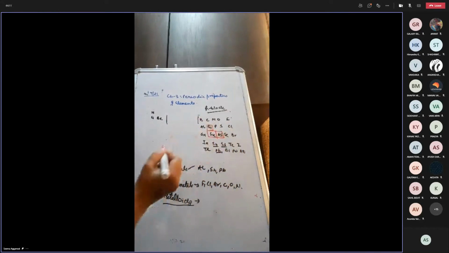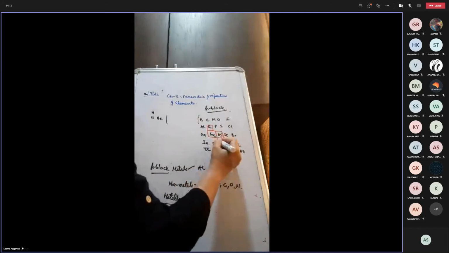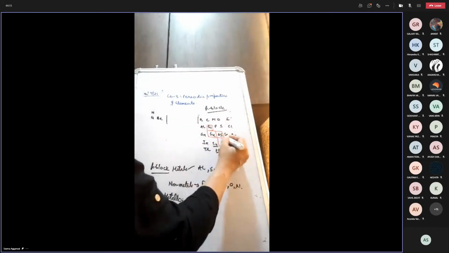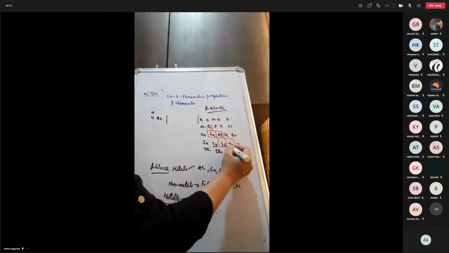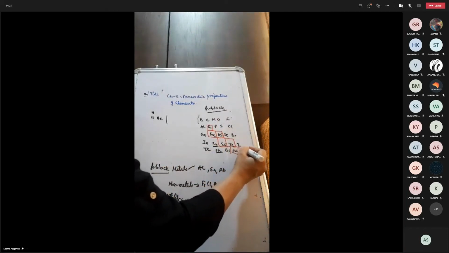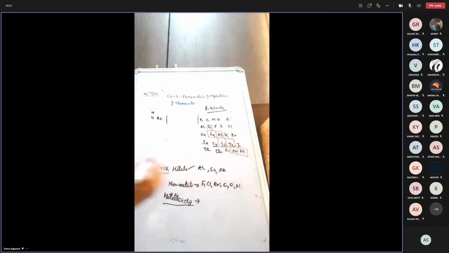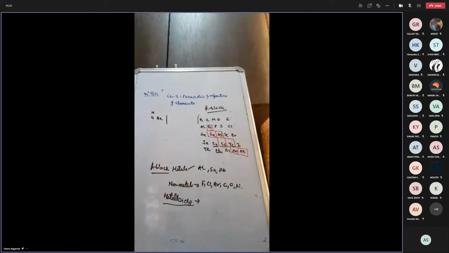The ones which I am circling with red, all these are metalloids. Astatine we hardly consider because it is a somewhat radioactive element. So these are my metalloids.